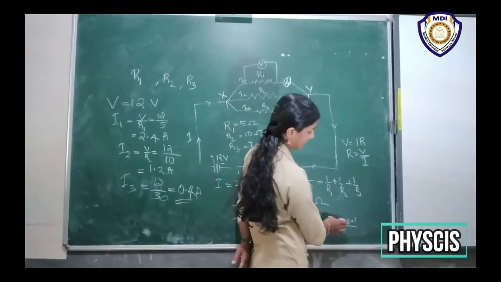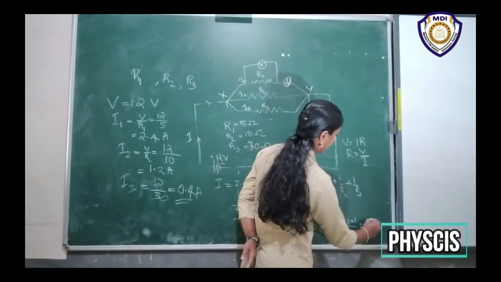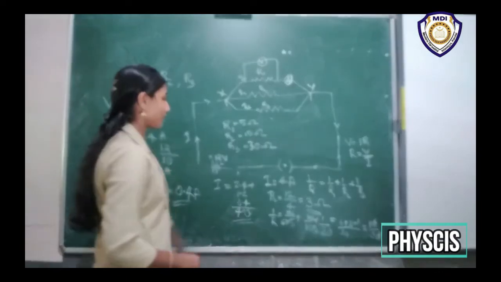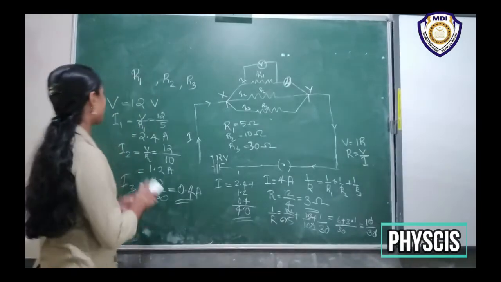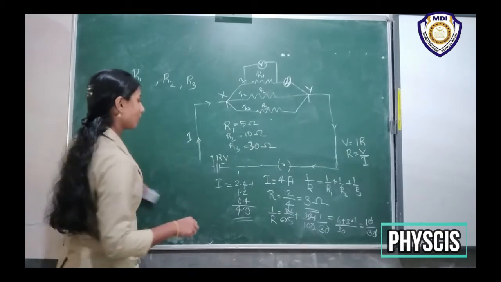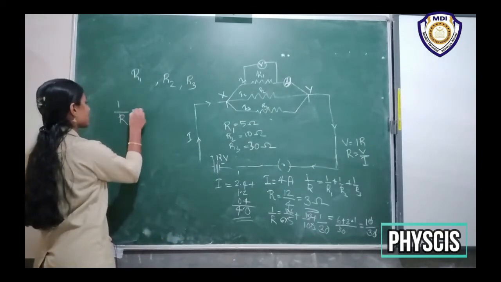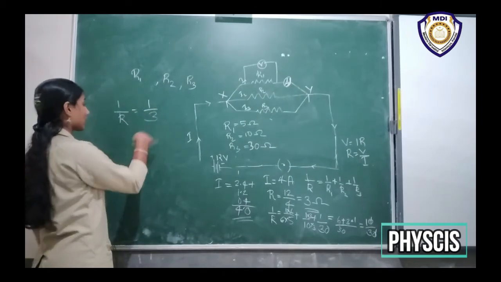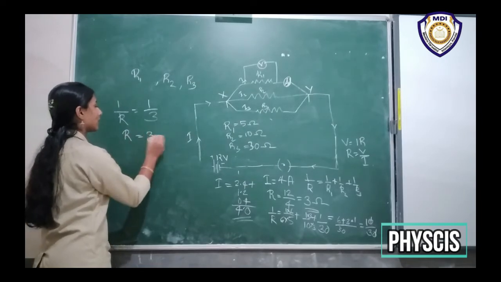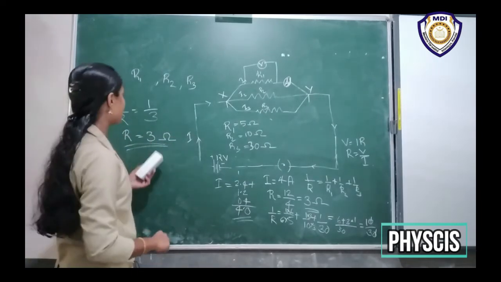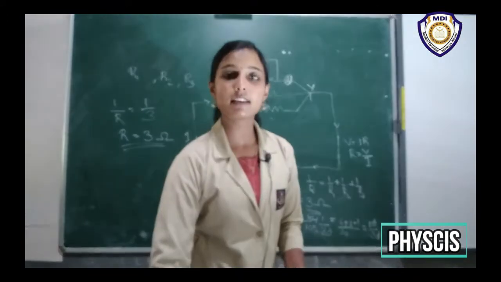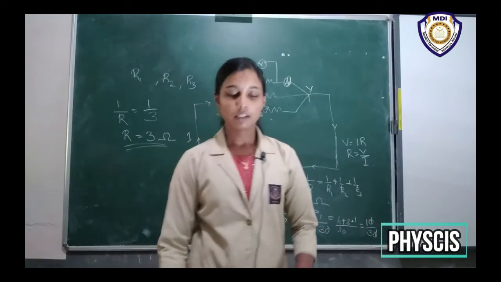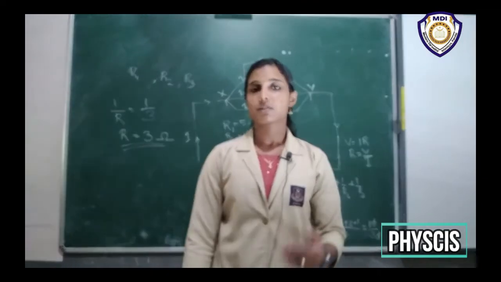So 6 plus 3 plus 1 is 10, so 10 by 30. So 1 by R is equal to 10 by 30, which is 1 by 3. Okay. How will we get R? Taking the reciprocal, R is equal to 3 ohm. And this way also we can get the resultant resistance of the circuit. Okay. So that is how we can solve the question.